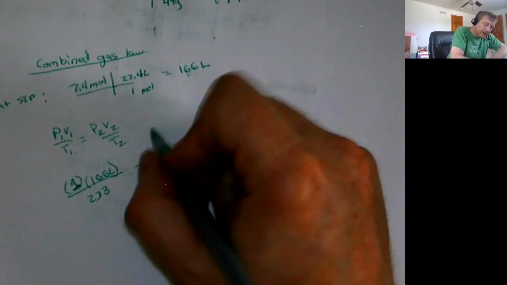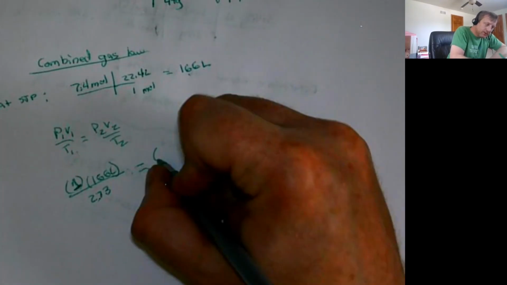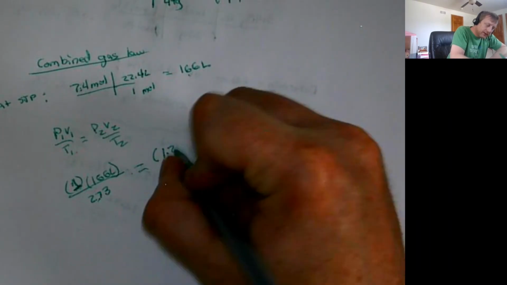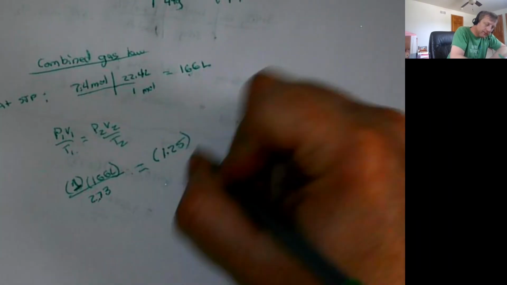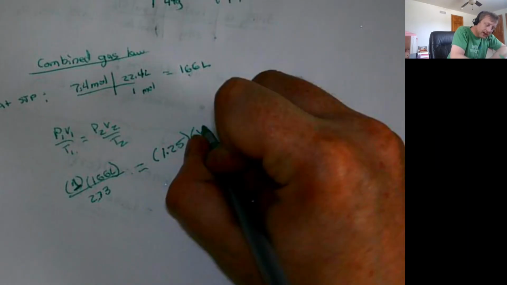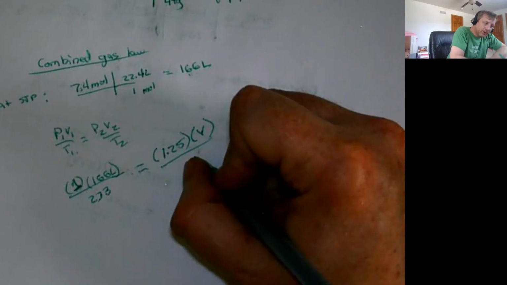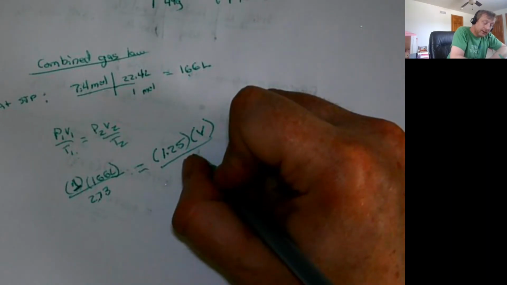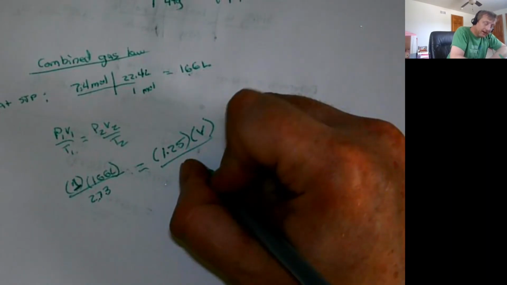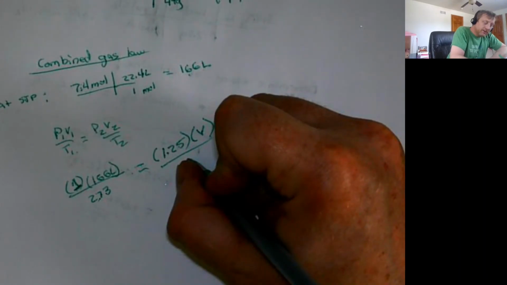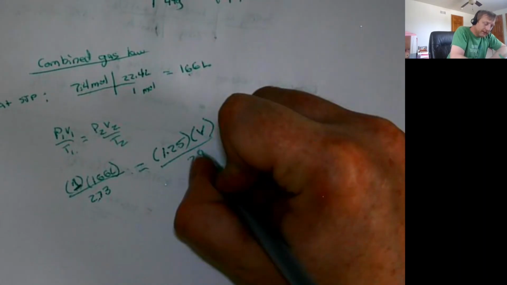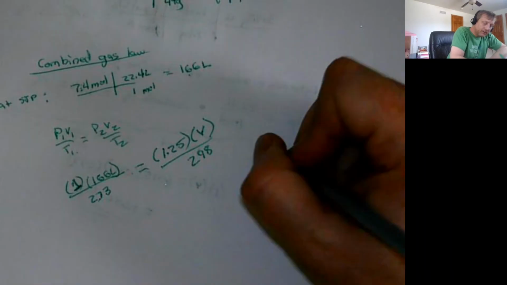On this side, I've got pressure 2, the new one given in the problem, which is 1.25 atmospheres. I don't know my volume, so I'm going to leave that as a V. My temperature 2 was 25 degrees Celsius, add 273 to turn that into Kelvin, and we're at 298 Kelvin.